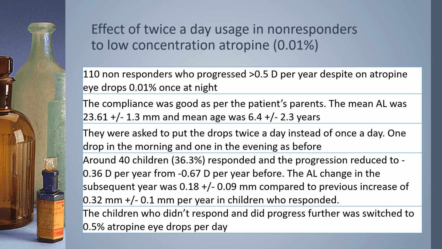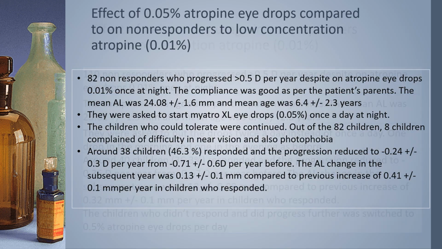Once we started this, the children who did respond showed the progression reduced to 0.36 diopter per year. And still only 40% of the children did respond to twice a day atropine. Some of these children who did not respond were switched over to a higher concentration of 0.05. I'm sorry, there's a mistake, not 0.5%, it is 0.05% atropine drops.